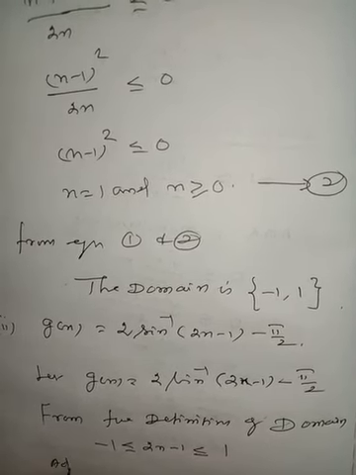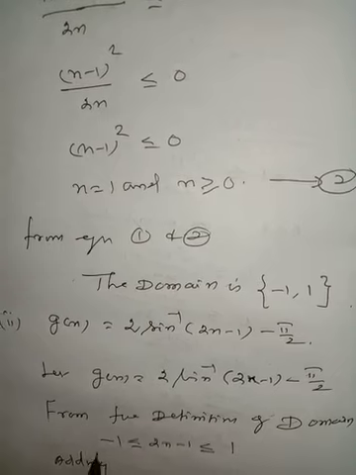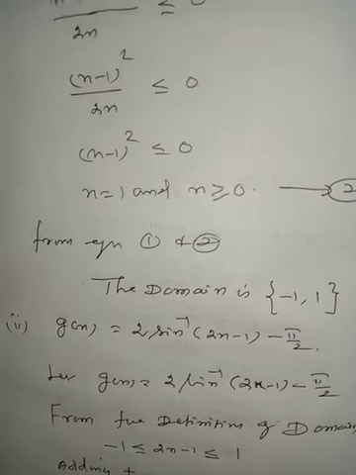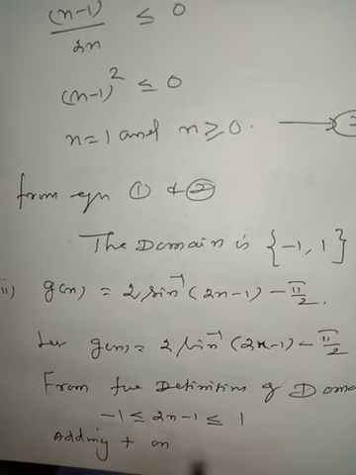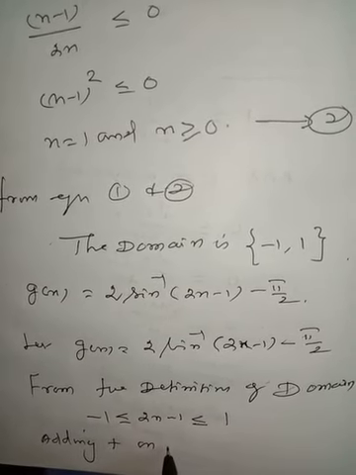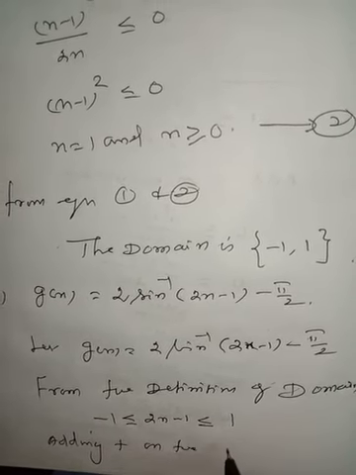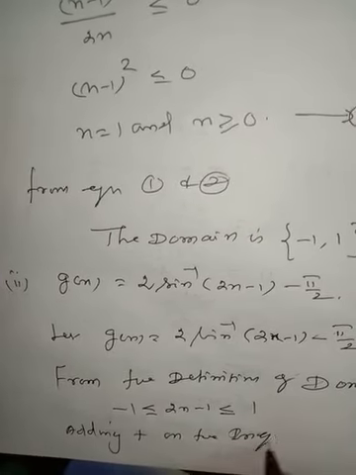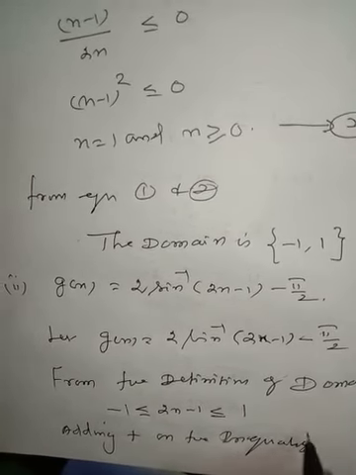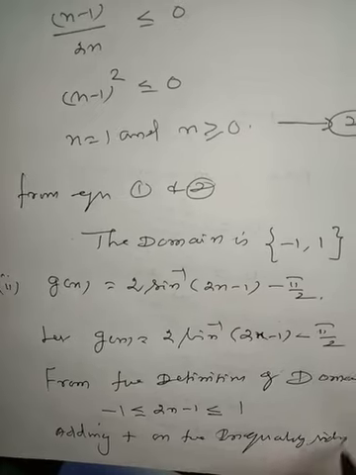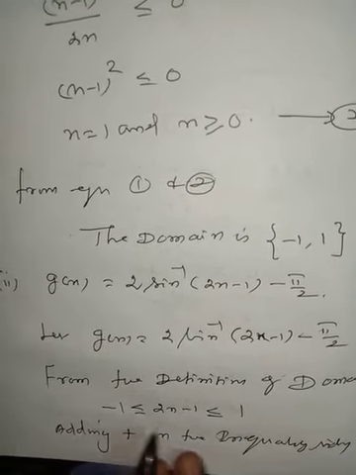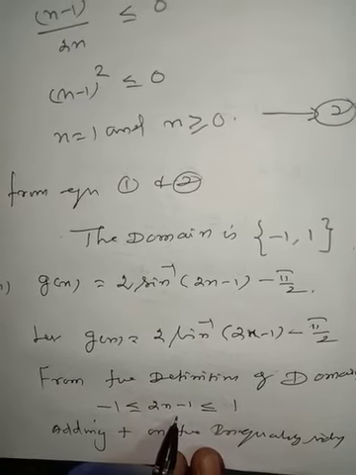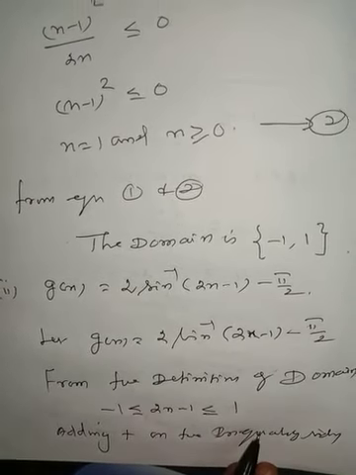Adding positive 1 on both sides of the inequality, minus 1, 2x minus 1 less than or equal to 0.